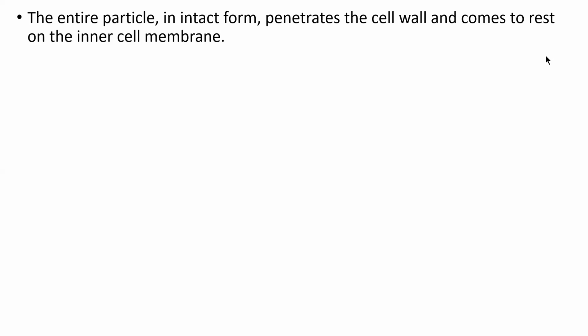These phages do not kill the cell or cause cell lysis, in contrast to T phages and other lytic phages. One more difference is that the entire particle in intact form penetrates the cell wall and comes to rest on the inner cell membrane.